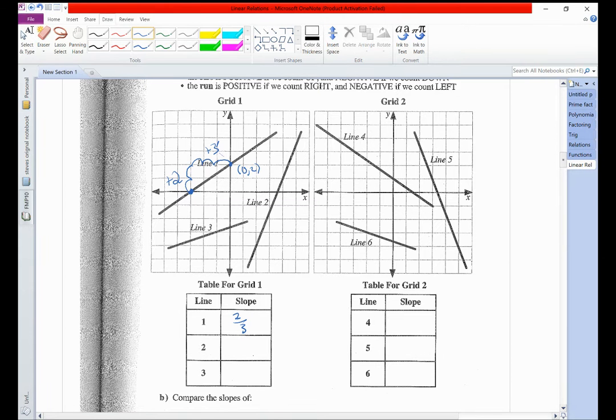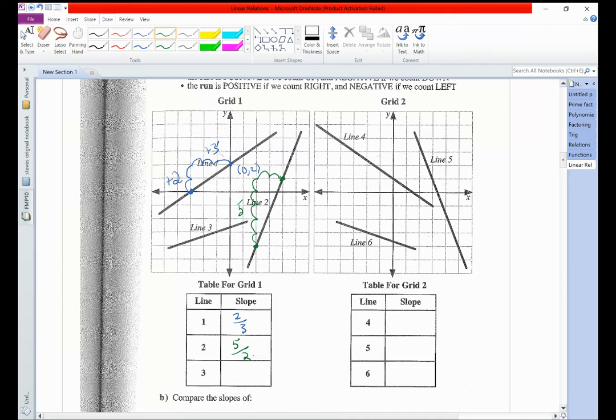Let's do line 2. So now we need to find 2 points on here. It looks like maybe right there and right there. So my rise, start with my left point, goes 1, 2, 3, 4, 5. And my run will be 1, 2. So +5/2.